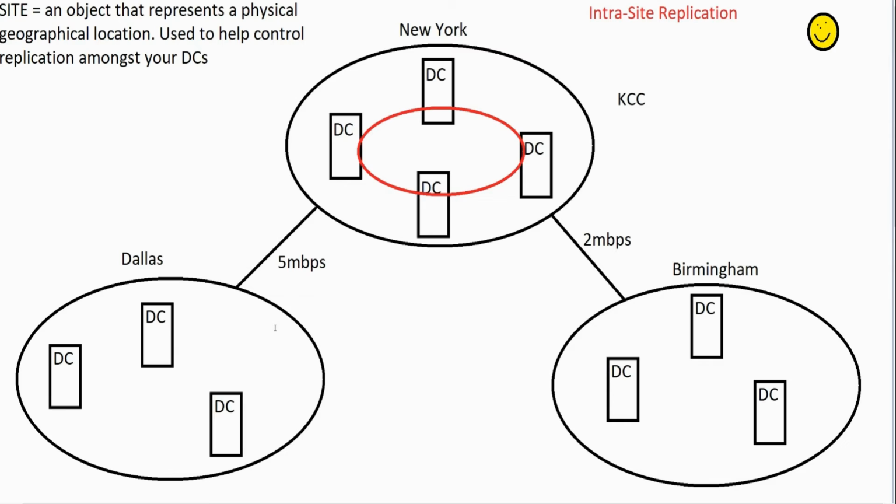You would want to separate the sites. You would want to have multiple sites and not put everything in one site, because you don't want replication to happen so fast amongst those different sites.